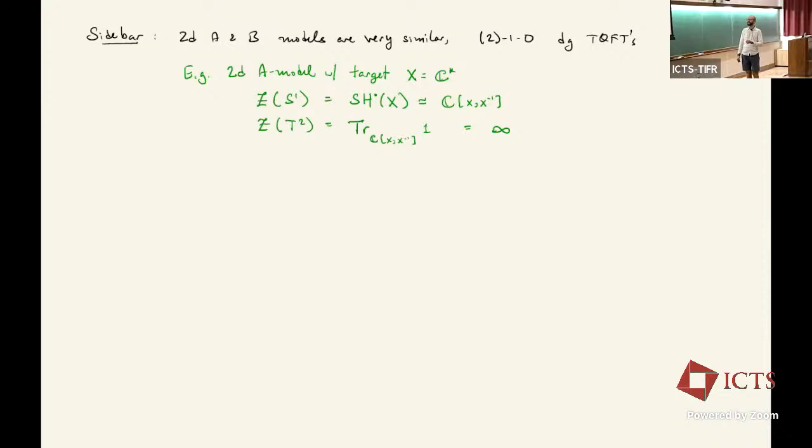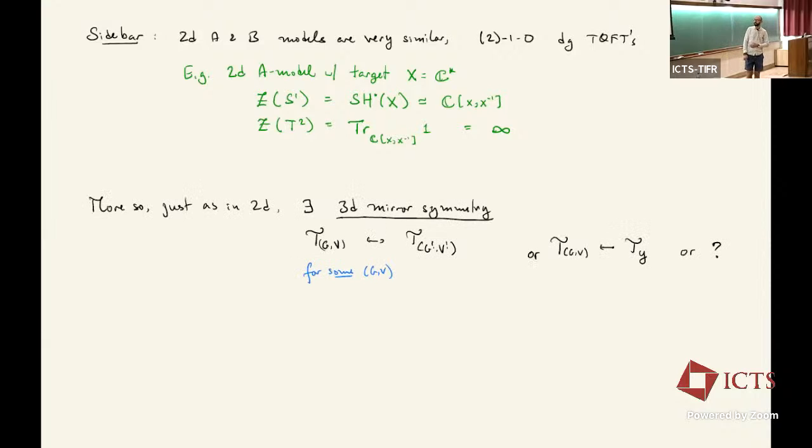Mathematically, you'd say symplectic cohomology of C* is functions of X and X inverse, which is infinite dimensional. And that makes the two-torus partition function ill-defined. So similar things happen in 3D.